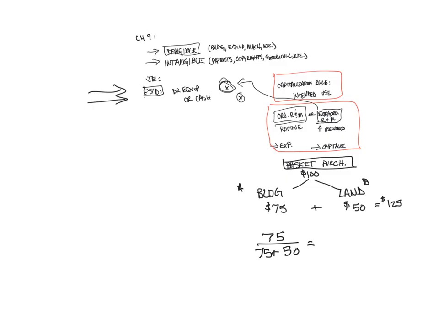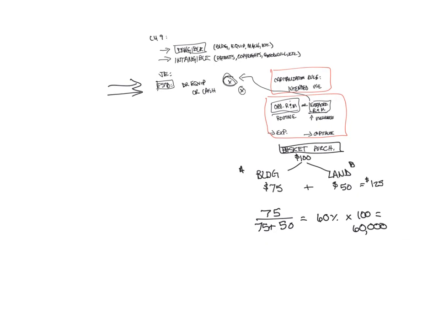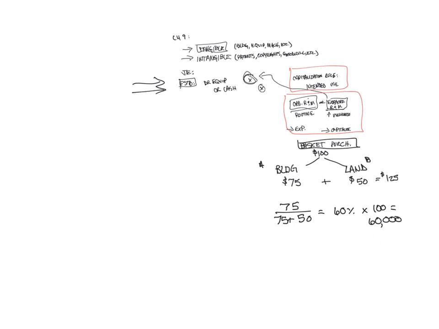This gives us a percentage here of 60%. We'll then multiply this times 100,000, and this provides for a 60,000 associated with the building. Then we'll do the same thing with the land. So we'll have B, 50 over A plus B, 75 plus 50 here. This provides for us 40%. Multiply this times 100,000, and this provides for us 40,000.